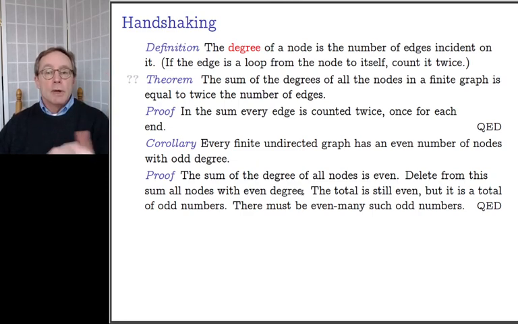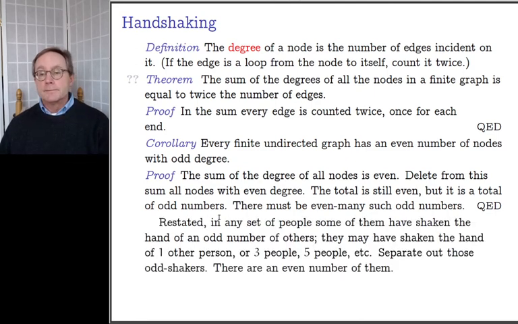Keep going until you've thrown away all the nodes with even degree. You've thrown away in total an even number. But the total was even, so an even minus an even is still even. You're adding up a bunch of odd numbers and getting an even result. There's only one way to have that happen: you must have added an even number of them. So 1 plus 3 makes an even number. 1 plus 3 plus 5 does not. So again, a small observation, but it comes up surprisingly often.